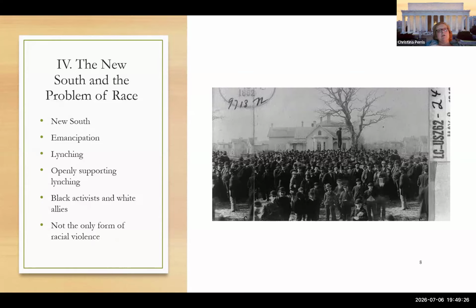Lynchings could become carnivals, public spectacles attended by thousands of eager spectators. Rail lines ran special cars to accommodate the rush of participants. Vendors sold goods and keepsakes. Perpetrators posed for photos and collected mementos as well. And it was increasingly common.